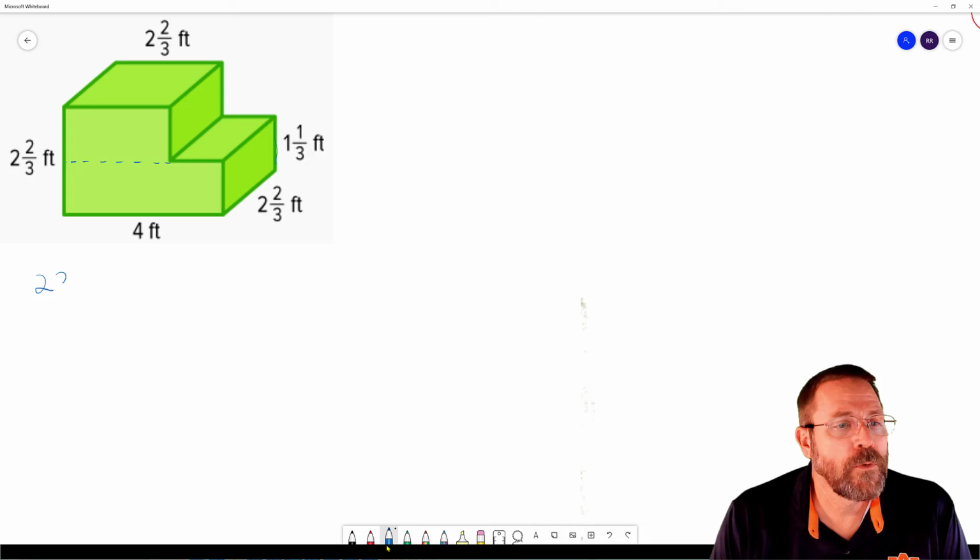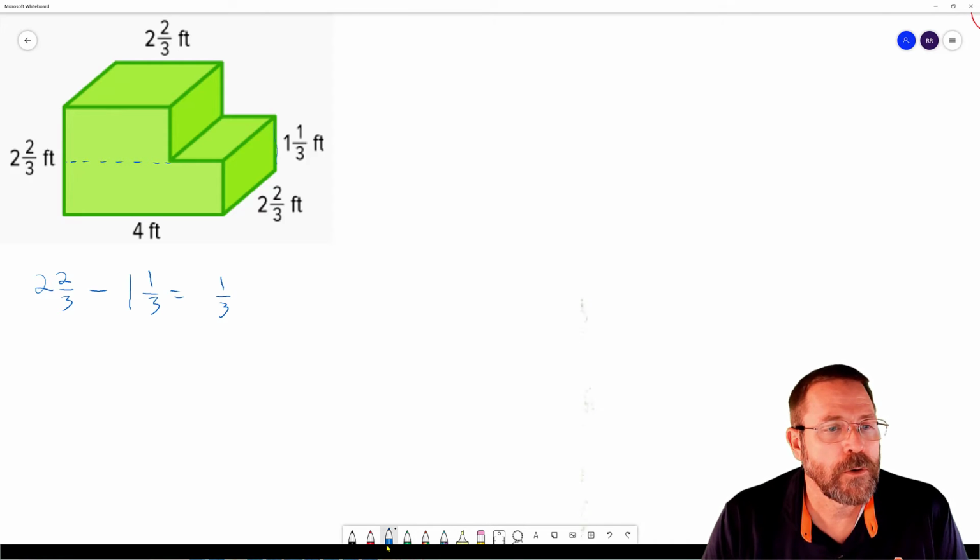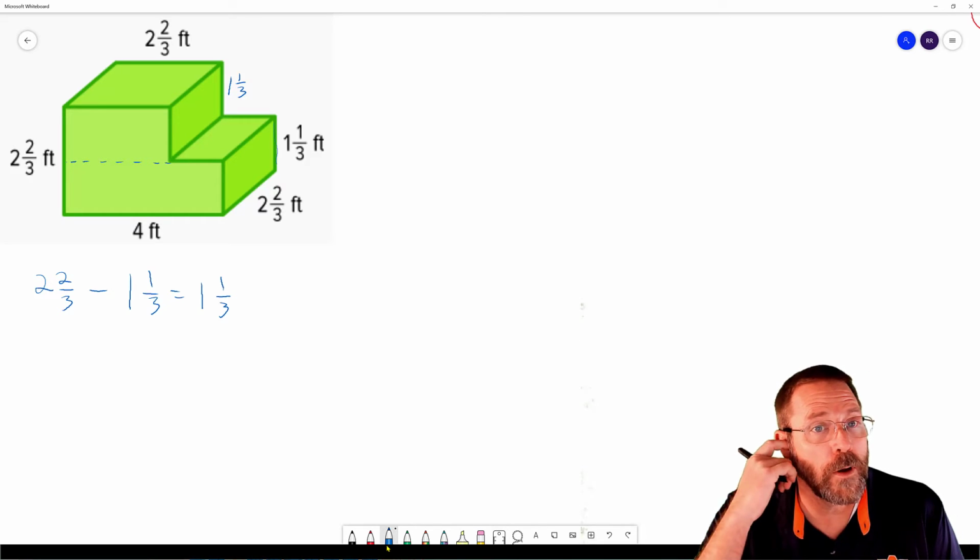I'm going to do 2 2/3 feet, which is the entire height, minus 1 1/3 feet, which is this height right here. 2/3 minus 1/3 is 1/3. 2 minus 1 is 1. So I know now that this section is 1 1/3 tall as well.